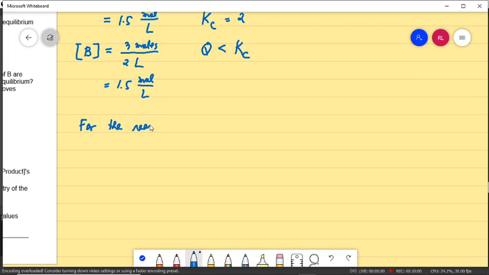For the reaction, 2 moles of sulfur dioxide react with 1 mole of oxygen gas to form 2 moles of sulfur trioxide.